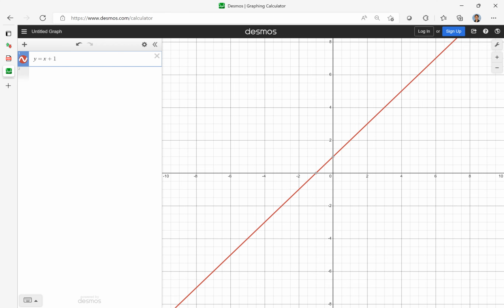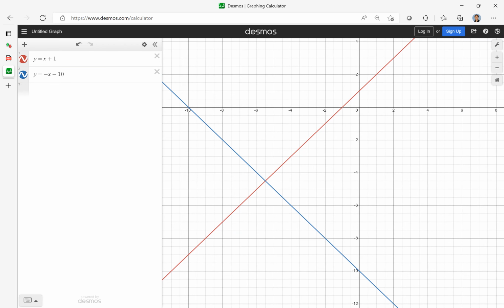I'm going to do another one, and I want you to see what's the difference between the equations. What do I change that makes it no longer a straight line? So let's try negative x minus 10. Let's see if this is still a straight line. Yes, it's still a straight line. What if I gave you y equals x squared?